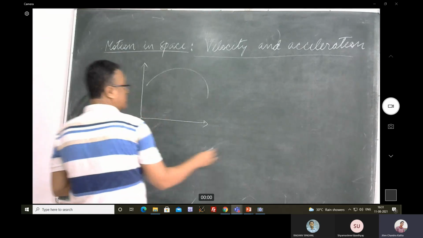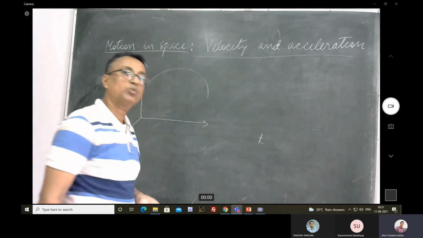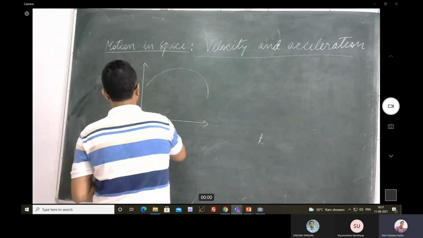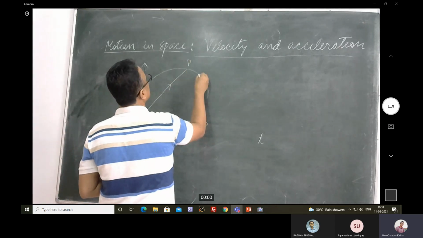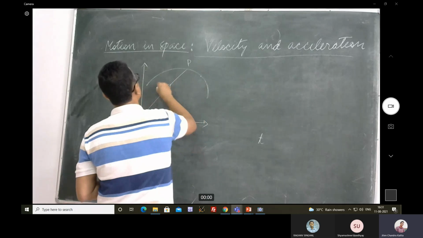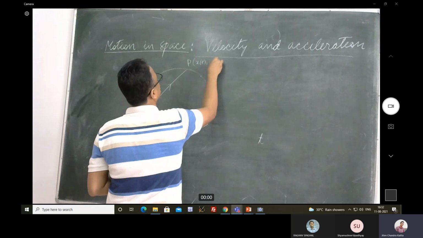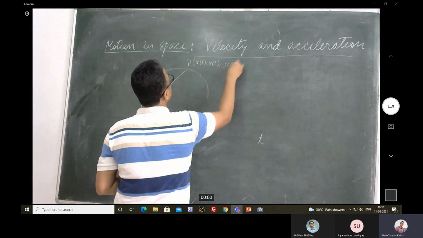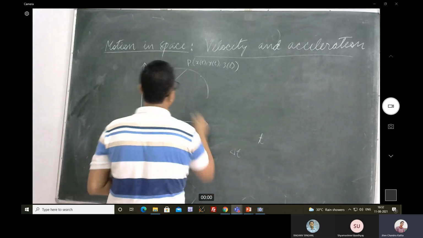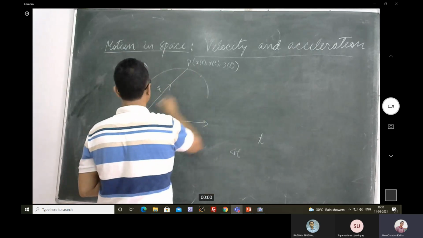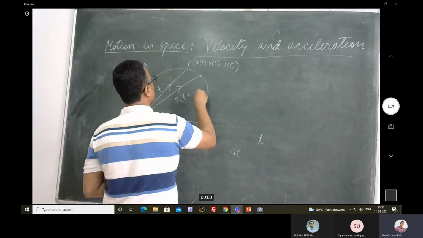If my parameter t denotes time, and I consider a point P here with position vector R given by x(t), y(t), z(t), and after some time delta t the point P moves to the point Q, this is the vector R(t plus delta t).